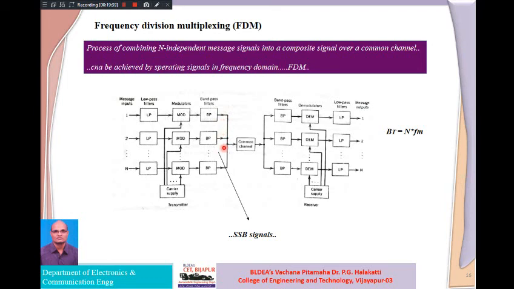As they have different frequency ranges, that's what we call frequency division multiplexing. All n signals have their own frequency range and they do not overlap. Now we multiplex them, meaning the SSB signals allocated with different frequency bands are multiplexed and sent as a single signal through the common channel. So all this is happening on the transmitter side.